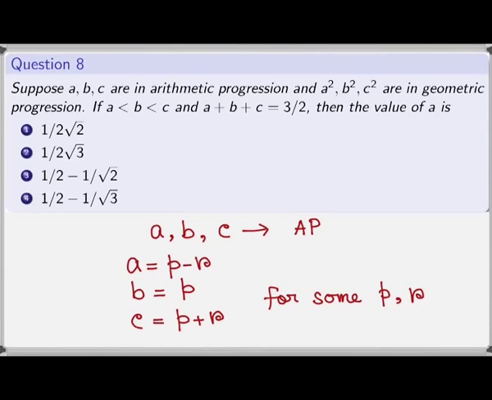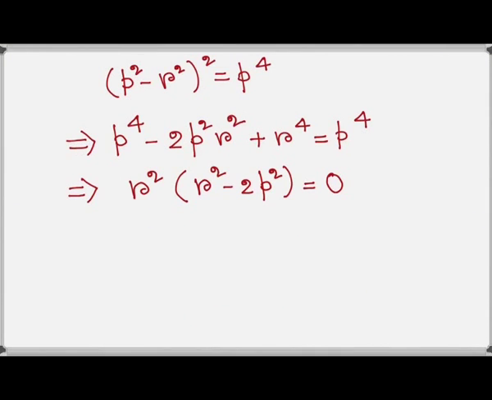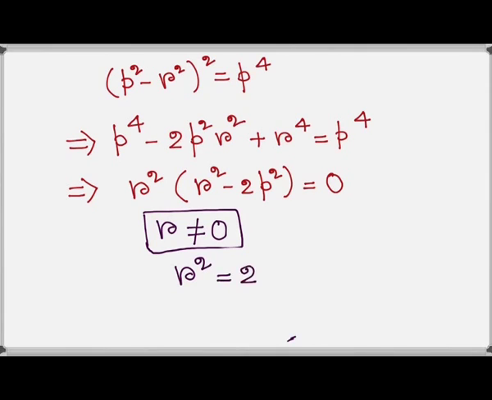Note that A, B and C are distinct numbers. A is strictly less than B and B is strictly less than C. So here we can conclude that R cannot be equal to 0. Therefore we must have R square is equal to 2P square.